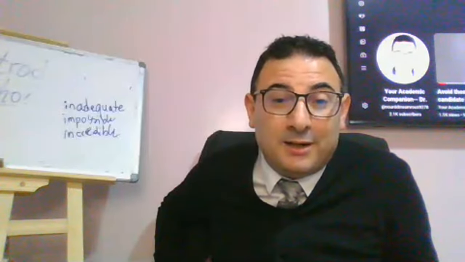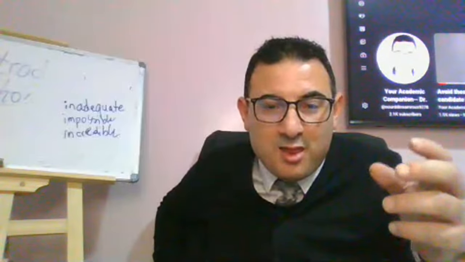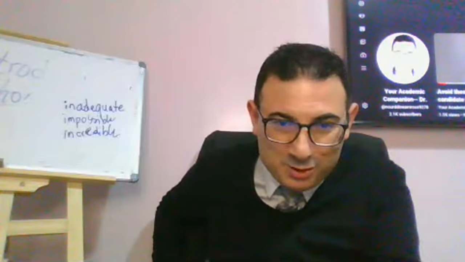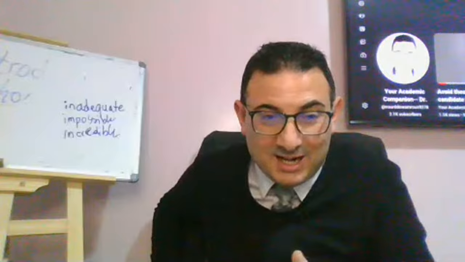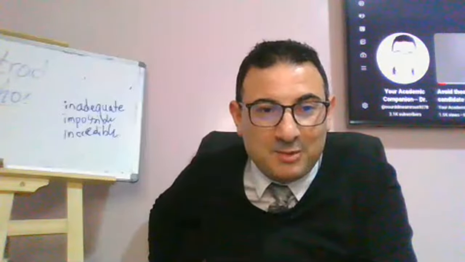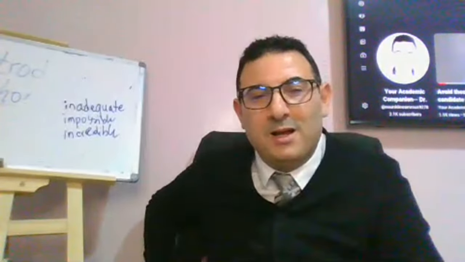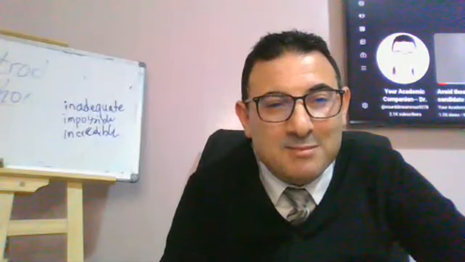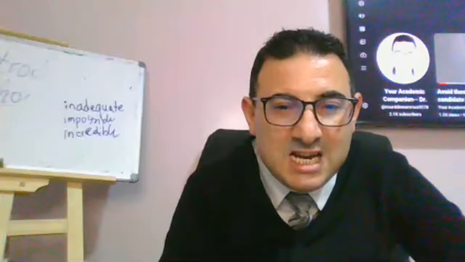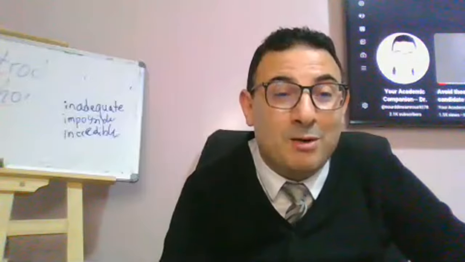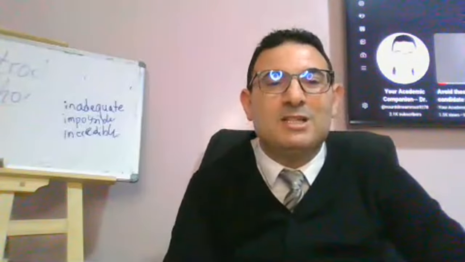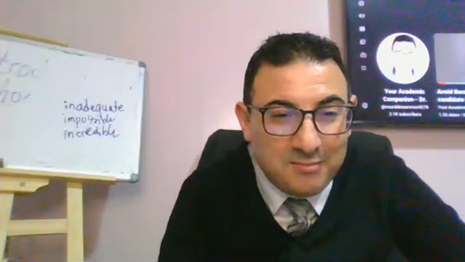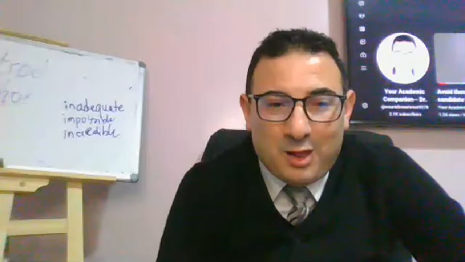Now, these are prefixes that derive the opposite of the word. Adequate, inadequate, possible, impossible, credible, incredible. The question is, why is it that sometimes the prefix is pronounced as in, sometimes as im, sometimes as ing?